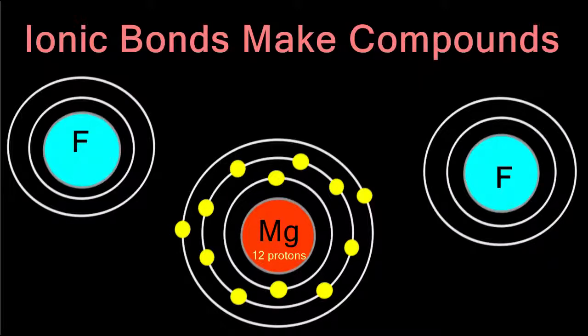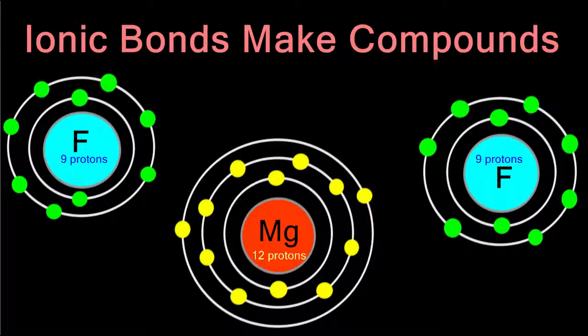Fluorine has 9 protons in its nucleus and 9 electrons orbiting in its electron cloud. Right now, these atoms are neutral because they have the same number of protons in their nuclei as they have electrons orbiting in the electron cloud. They won't be happy, however, until their outermost orbital is full.